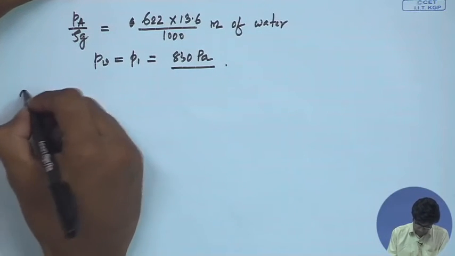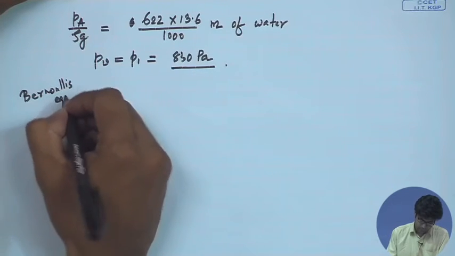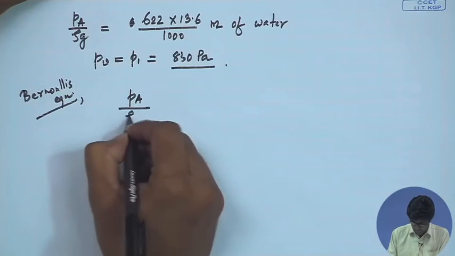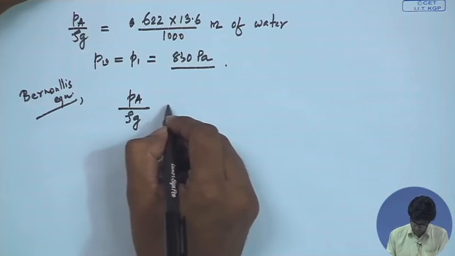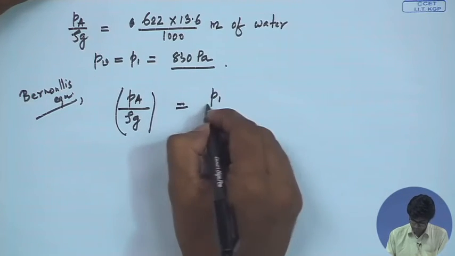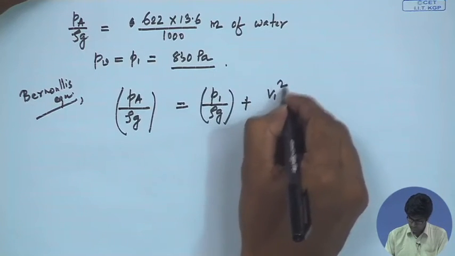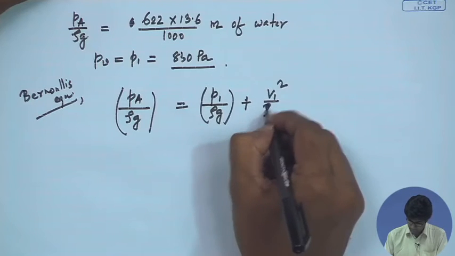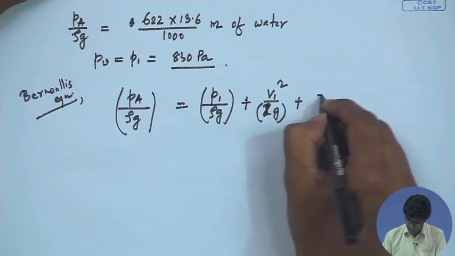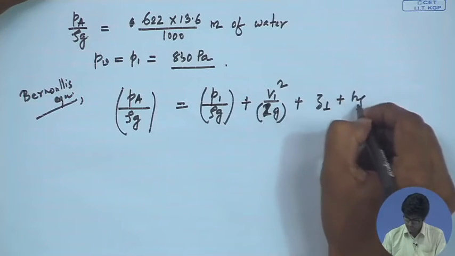So, we again apply Bernoulli's equation, just like in the previous case. For the reservoir, we have only P_A by rho g, that is the pressure head, equal to P1 by rho g plus V1 square by 2g plus z. Let us denote this z by z1, plus h_f.